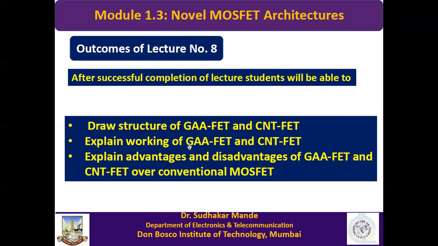Then you will be able to explain the working of GAA FET and CNT FET. And you will be able to explain the advantages and disadvantages of GAA FET, that is gate all around FET, and CNT FET, carbon nanotube FET, over conventional MOSFET.